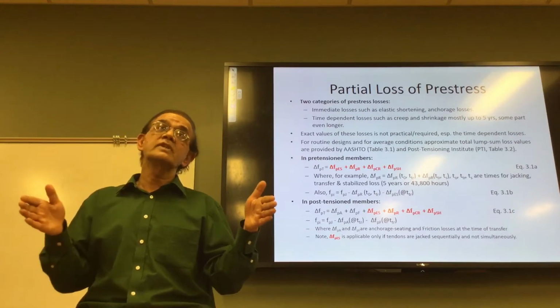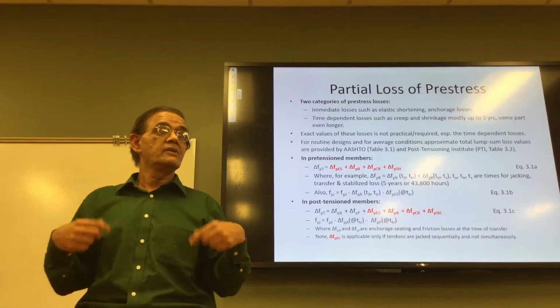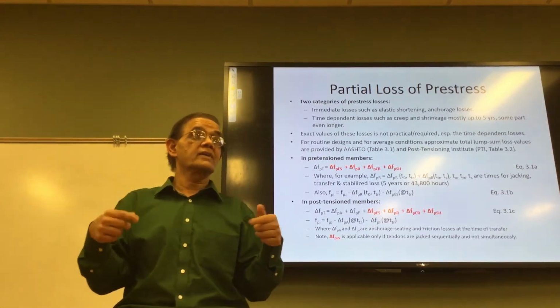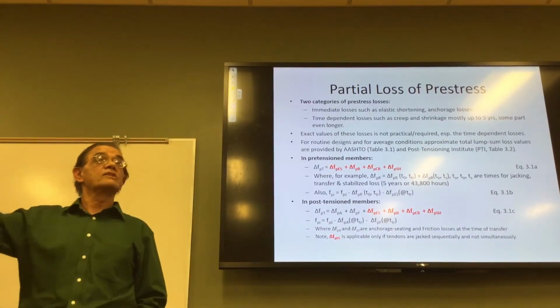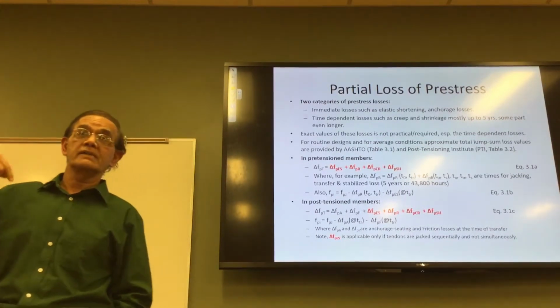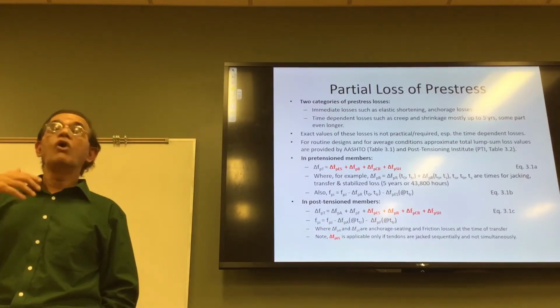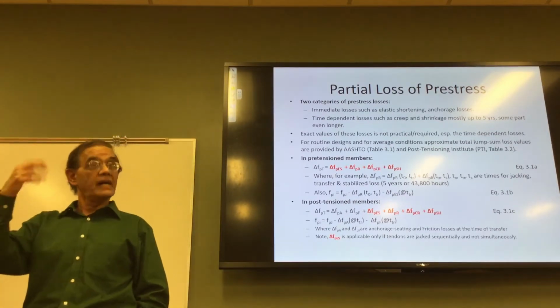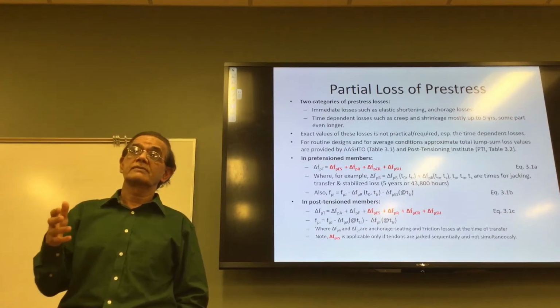Then you're going to shorten the beam some more. At that point, you can lose a little bit. You pull the third one, then the first one loses double, and the second one loses only one time, and so on. So in the end, the last one doesn't lose anything if you do one at a time, because it has nothing to follow, right? But all the others will lose, right? If you have 10 strands, then the ninth will lose a little bit, but the first one will lose the most, right?